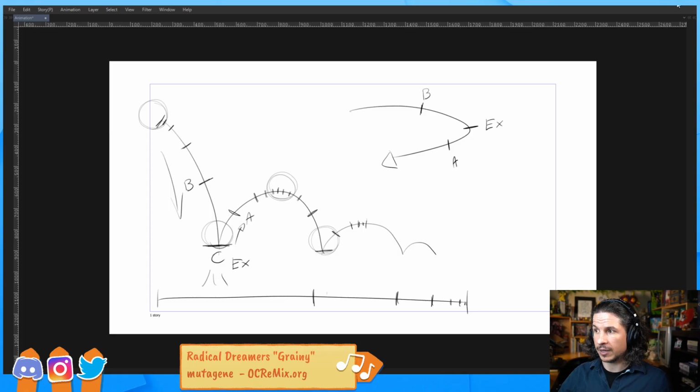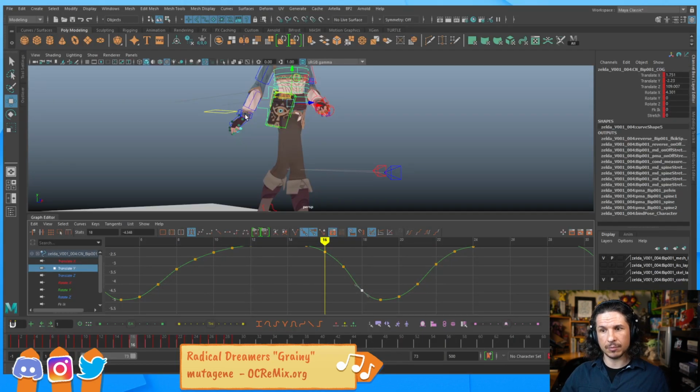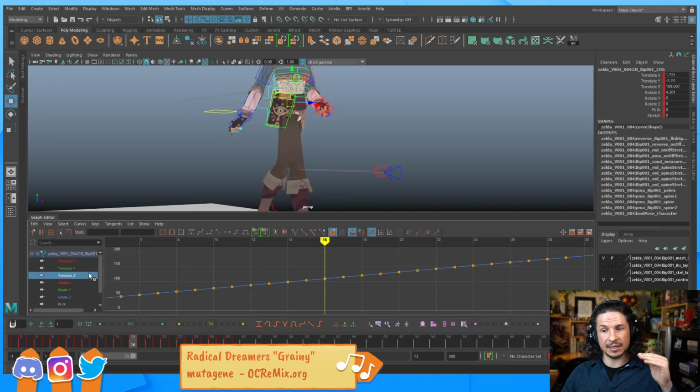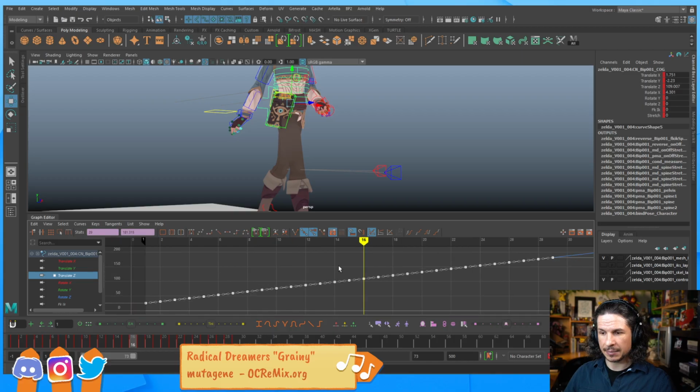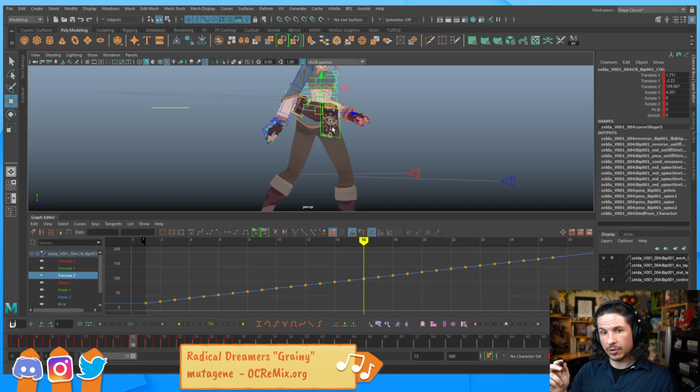So when you're looking at your translate Z of the hips, when a character walks, it is not perfectly linear. In this case, I made it perfectly linear because this is a game style animation, but usually you're going to have a wave in there. Now, why is that important?